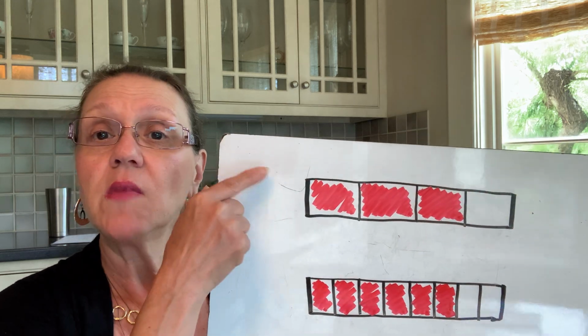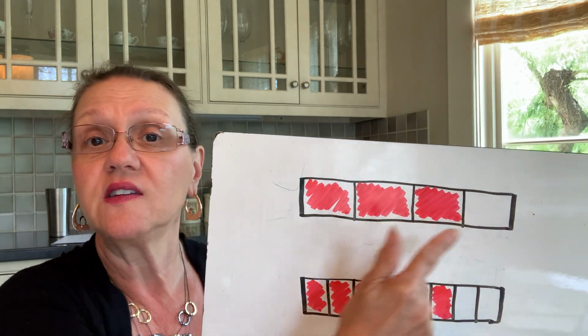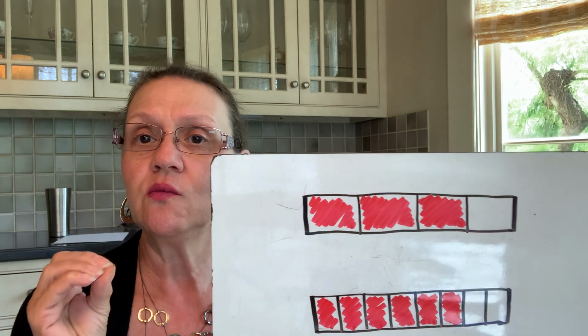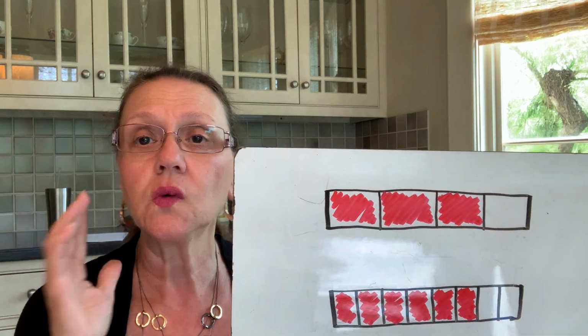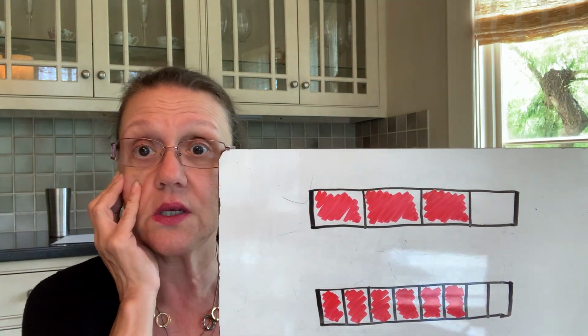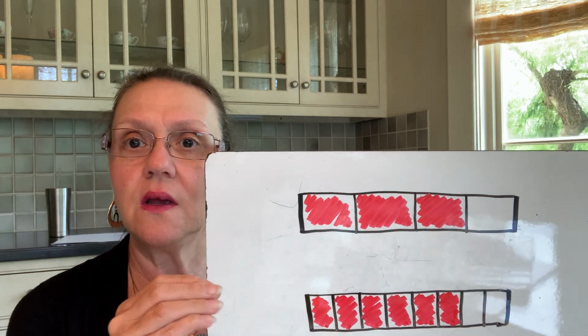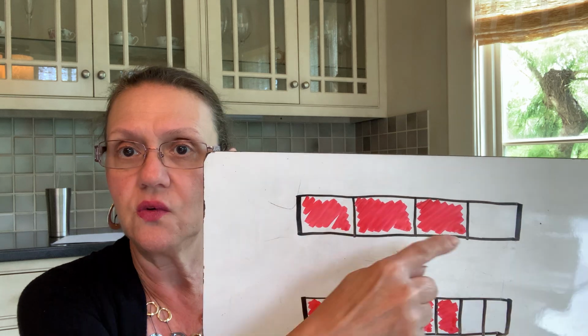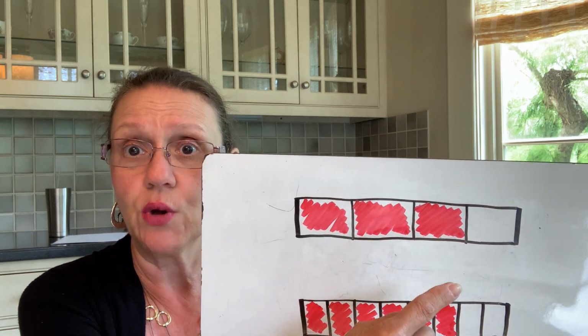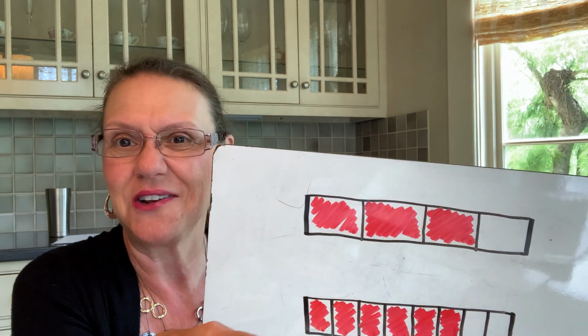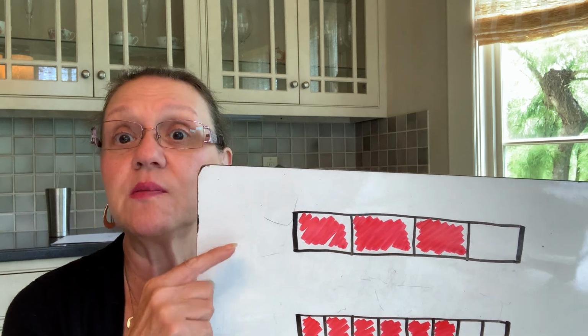You can see that in my top bar, if the whole bar is equal to 1, and I like to do my fractions in bars rather than in circles. Circles get really, really hard when the numbers get big, but bars are awesome because if you suddenly need more room, you can just add on to the bar and nobody knows. So I call these my Hershey bars.